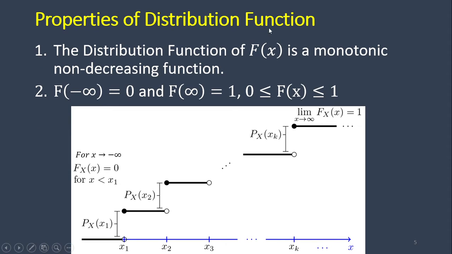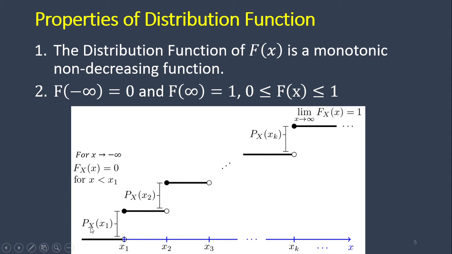Properties of distribution function. Property number 1. The distribution function F(x) is a monotonic non-decreasing function. Look at the diagram. Here you can see that it is monotonic non-decreasing. Property number 2. At minus infinity, the distribution function is 0, and at plus infinity, the distribution function is 1.